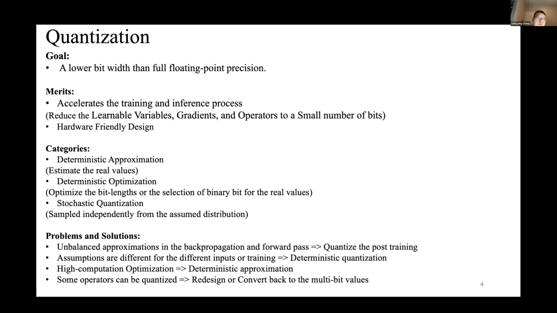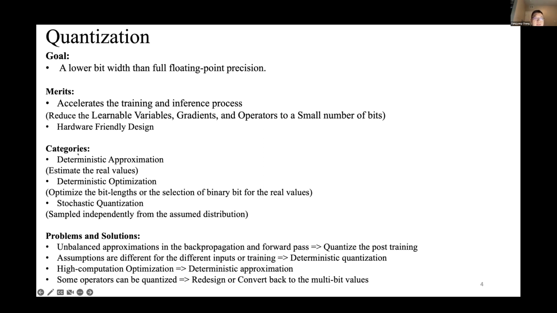For example, if we have integer bits, we can directly use AND gates. Pretty much we can utilize shift operations and gate-level design. We can directly design a chip based on the quantized machine learning model, or you can implement the quantized machine learning model on an FPGA or some hardware with limited memory or computation.